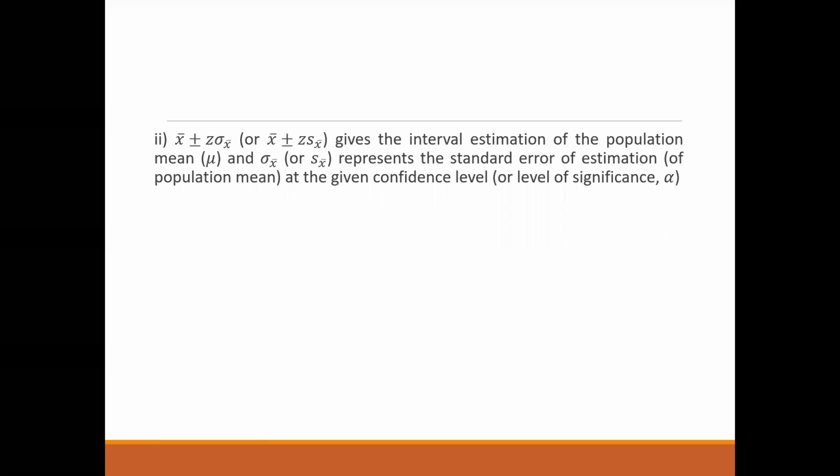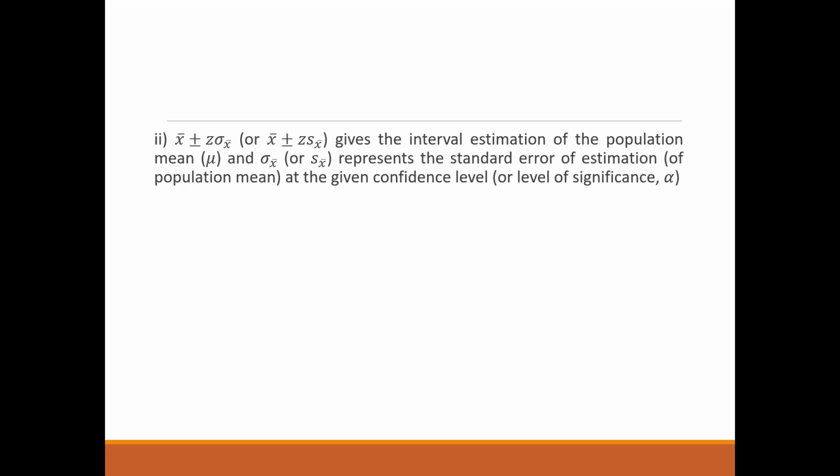Now the interval, x bar plus minus z sigma x bar, or for the sample x bar plus minus z s x bar, gives the interval estimation of your population mean, that is mu. And your sigma x bar, or you can say s x bar, represents the standard error of estimation of especially your population mean at the given confidence level or the level of significance.